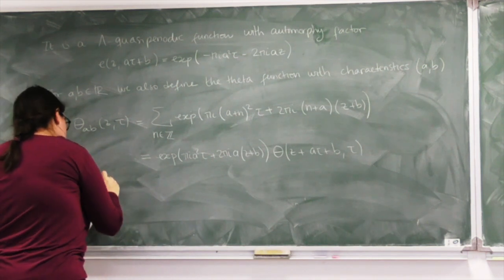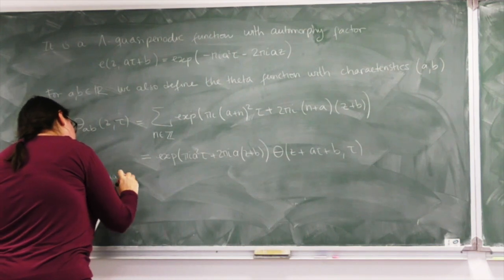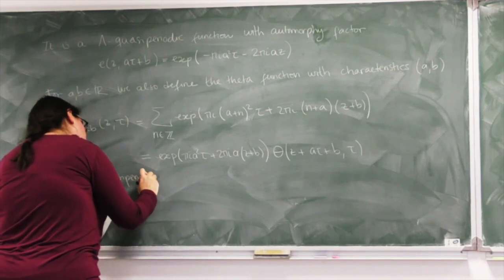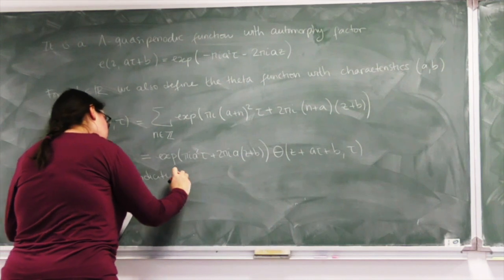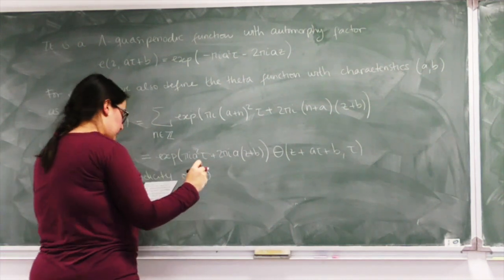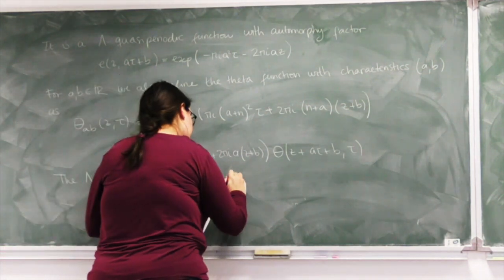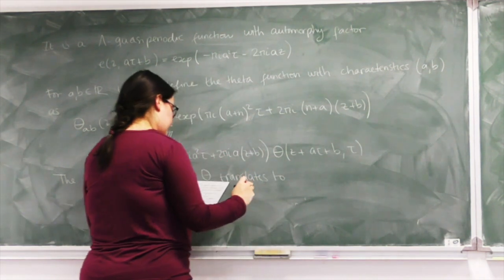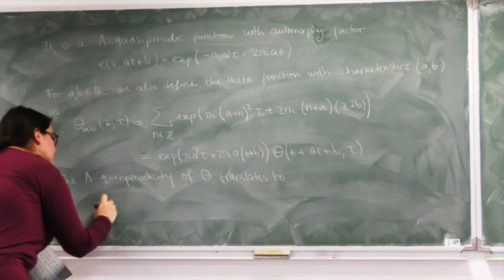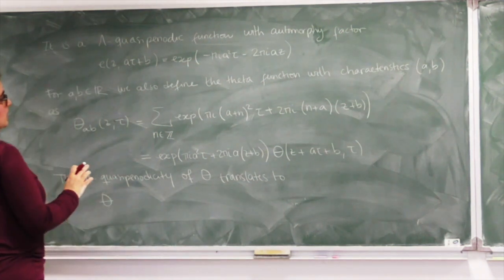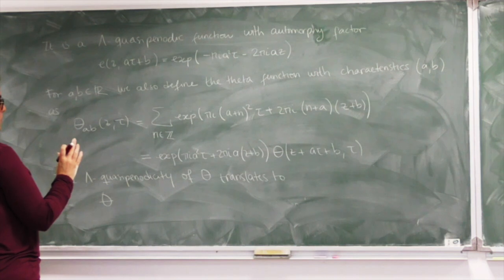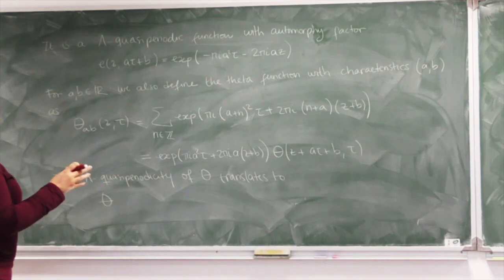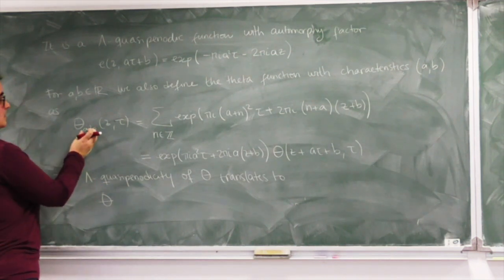So the quasi-periodicity of the theta function translates to the following. So now we are looking at what happens when we add an element of the lattice in the characteristics.